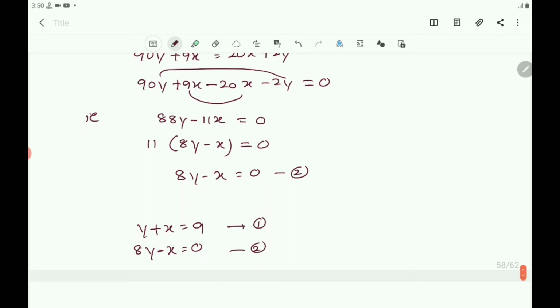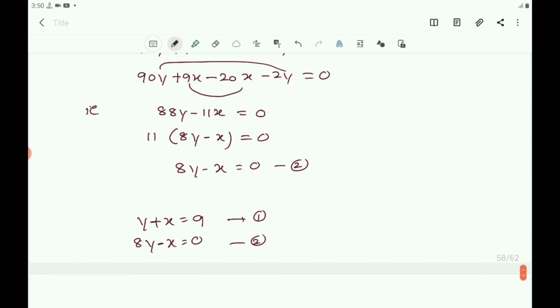Now observe the coefficients of each variable. In the first equation the variable x has the coefficient 1, and in the second equation x also has the coefficient 1, but with plus 1 and minus 1. As they have different signs, you can add them to cancel them.